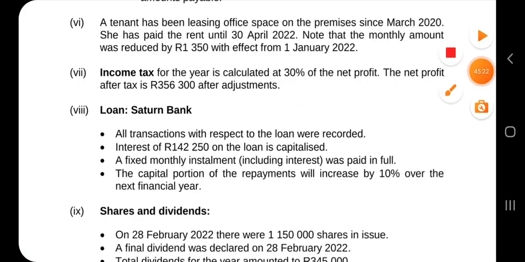So what we will do is that we will take the 356,300, multiply that by 100 over 70. Right? So basically we are trying to get the net profit before tax. So we will take the net profit after tax, because for us to get here, 30% was deducted from the original to get to 356,300.